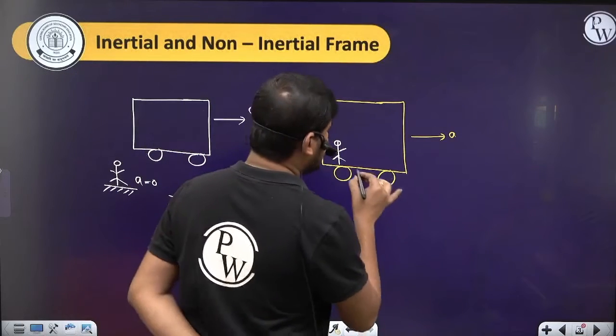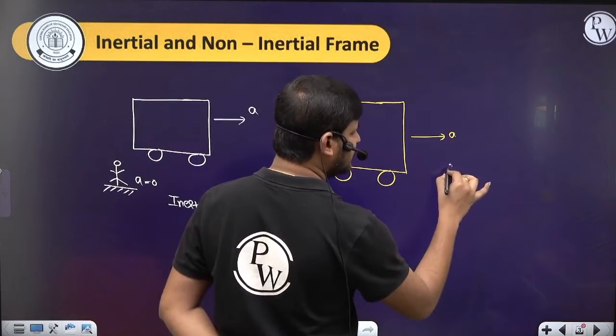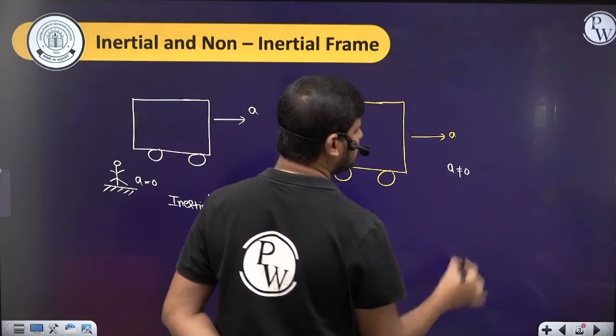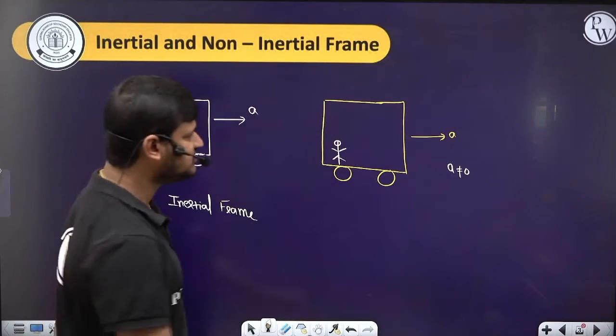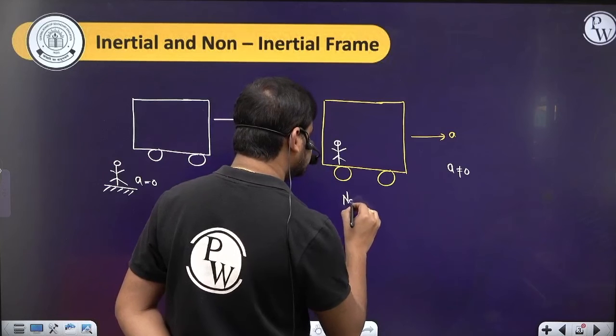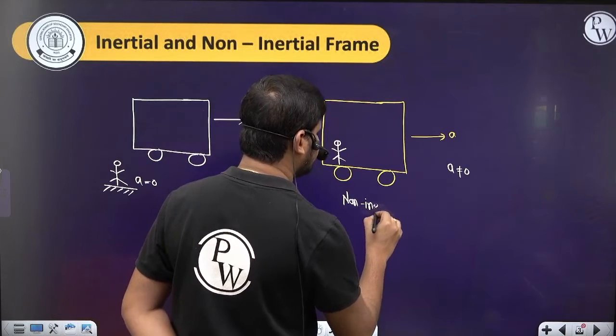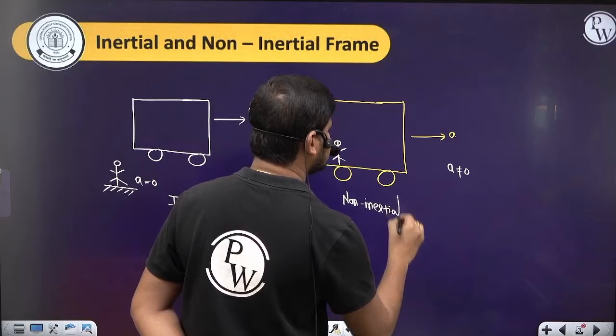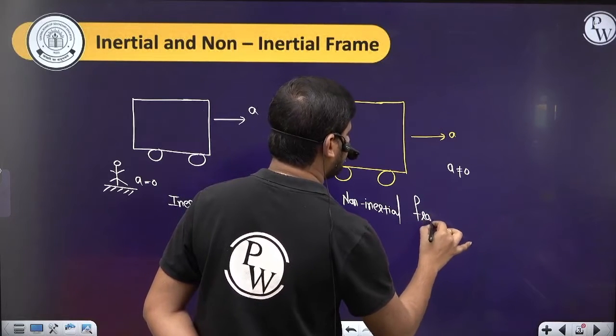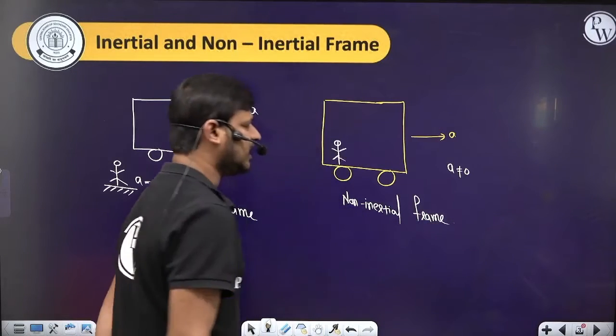Then the observer's acceleration is not equal to 0. So this is the non-inertial frame of reference.